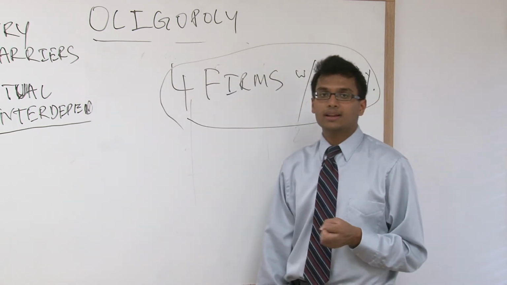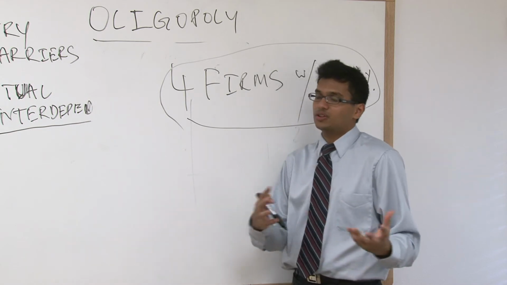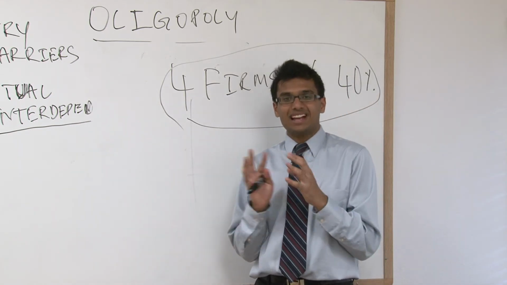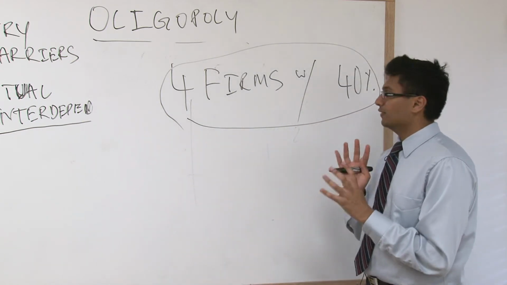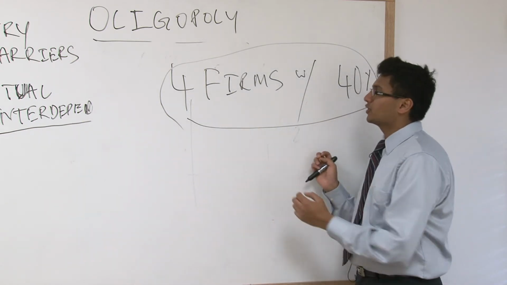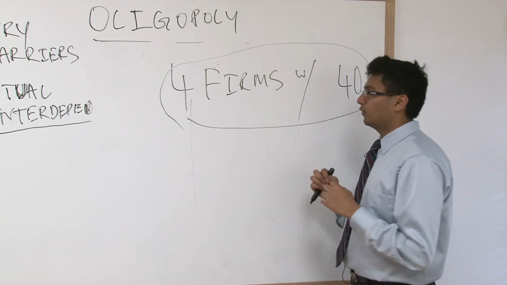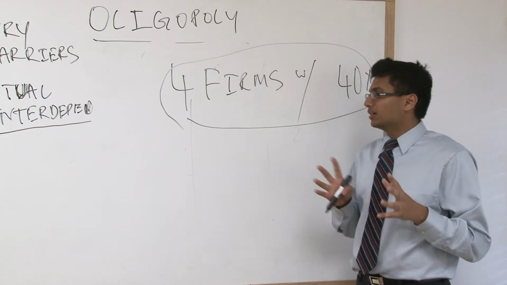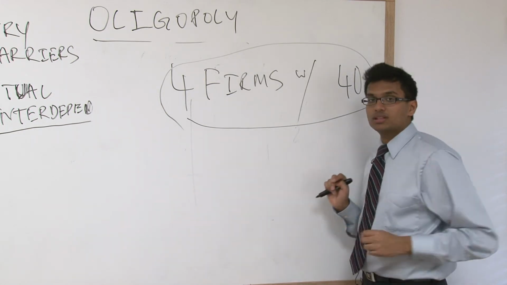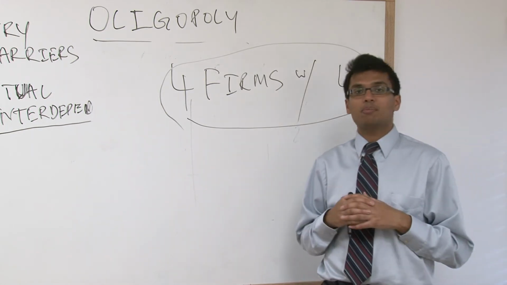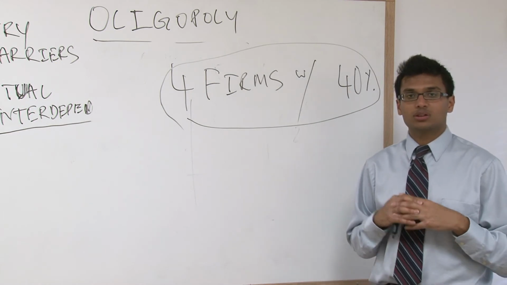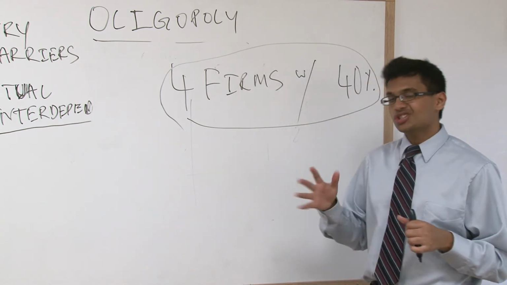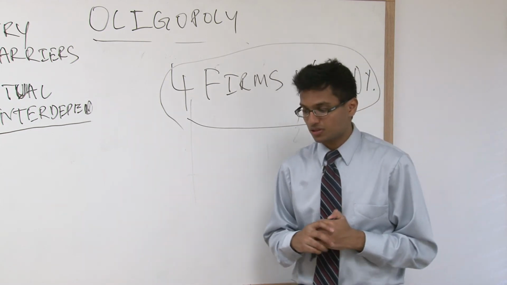Does it mean that if there's 5 firms with like 30%, is that an oligopoly or not? It's kind of generic, with a lot of gray area involved. But in general, we say that if there's at least 4 firms with 40%, or 2 firms with 50%, obviously it's an oligopoly, right? This is a general guideline that you can probably use and talk about. So if there's a question about oligopoly, talk about concentration ratio, because it shows you understand a lot more about oligopoly. A general guideline could be 4 firms with a 40% concentration ratio.